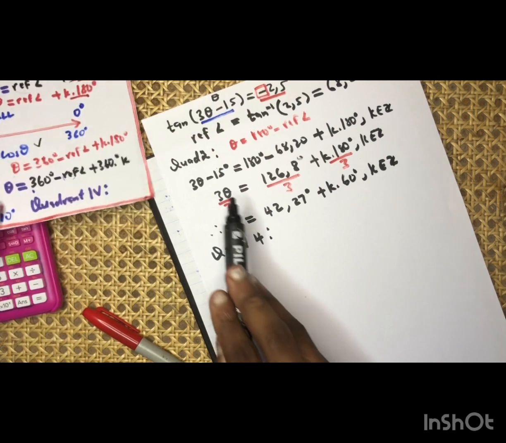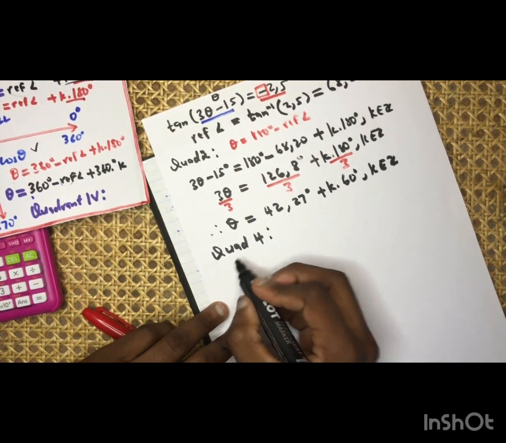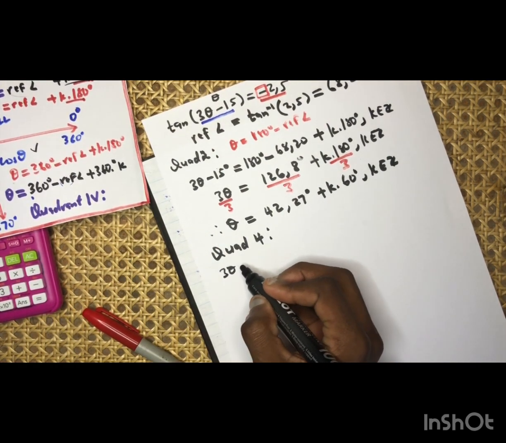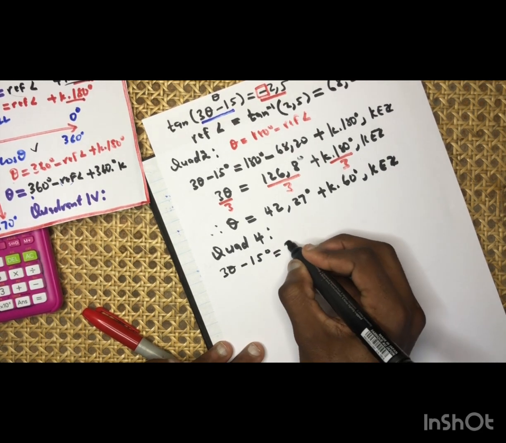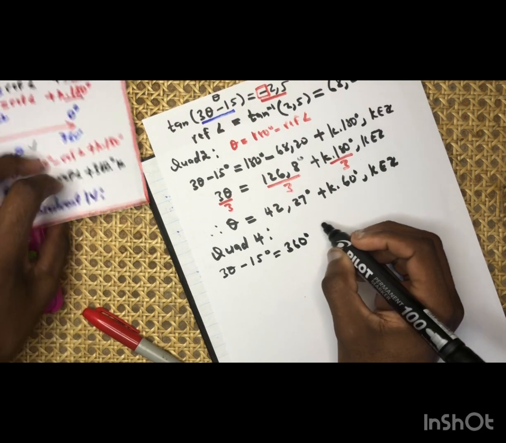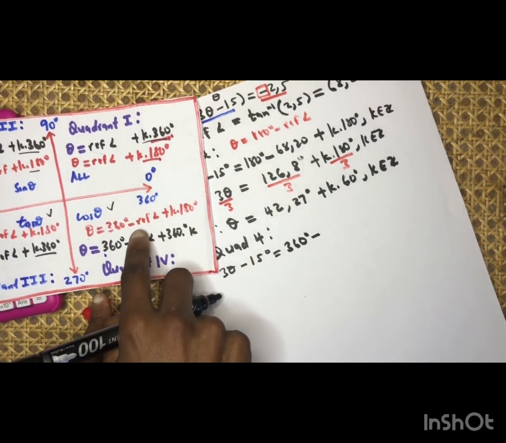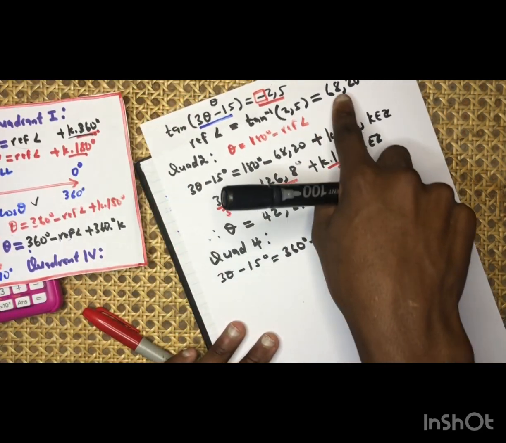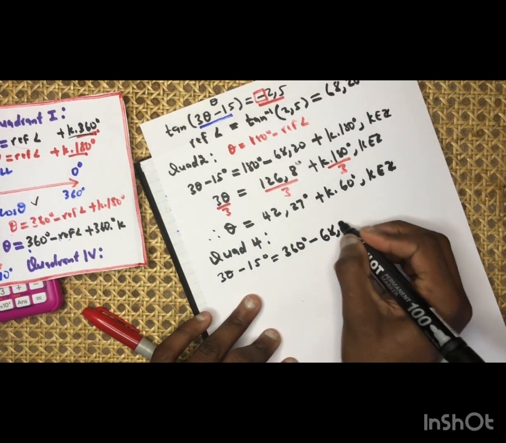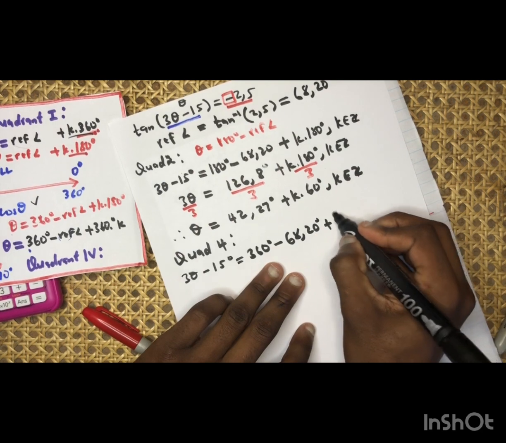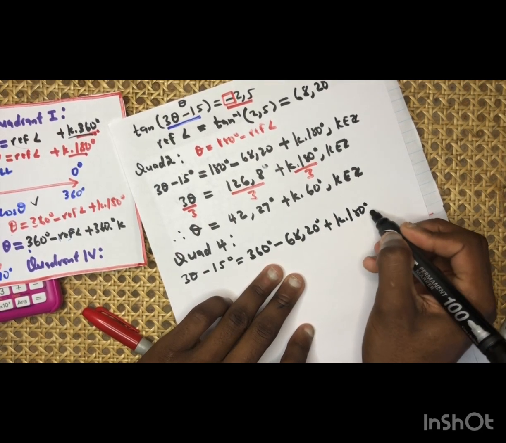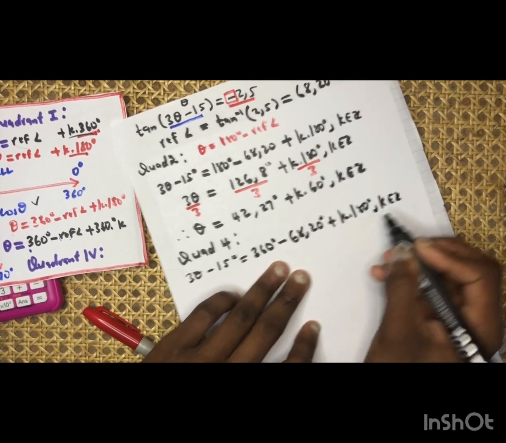So we know that our theta in this case is 3 theta minus 15. So I'm going to say 3 theta minus 15 degrees is equal to 360 degrees minus your reference angle, guys. So your reference angle is 68,20 plus your period. We are dealing with tan, guys, so I'm using 180 degrees, where k is an element of integers.